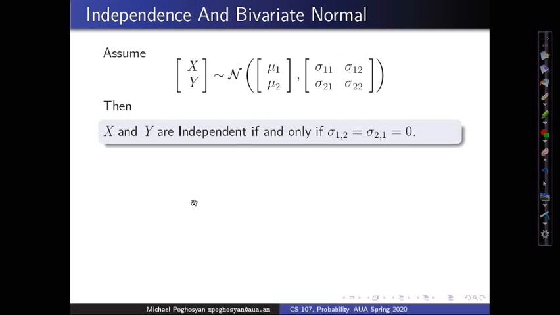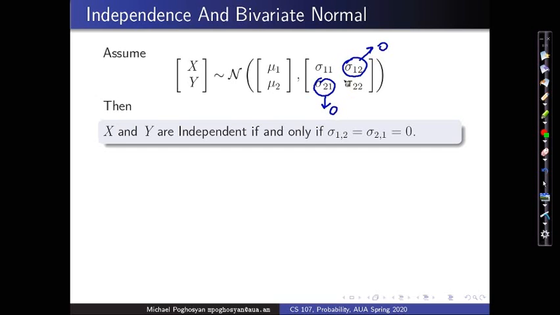And another thing is, assume that we have bivariate normal, (X, Y) is normal with this mean and this covariance matrix, then X and Y will be independent if and only if this and that are zeros.